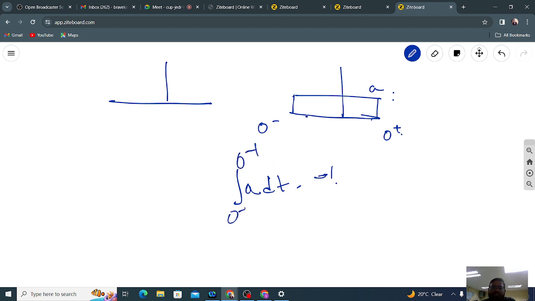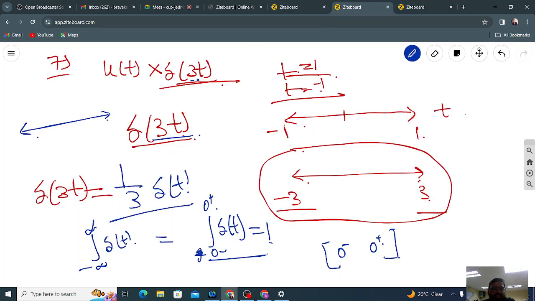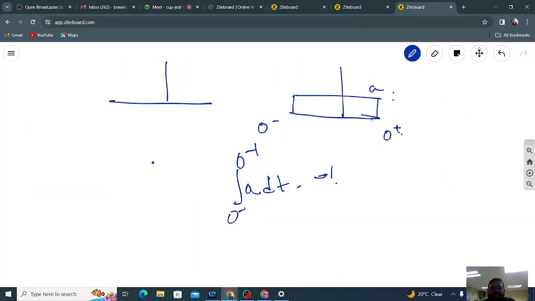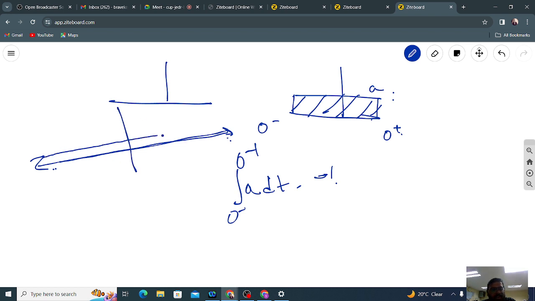Now the next question says it is 3t, so it gets stretched in a wider direction. Integration means area under the curve, so as the stretch increases, the magnitude has to decrease by that factor.